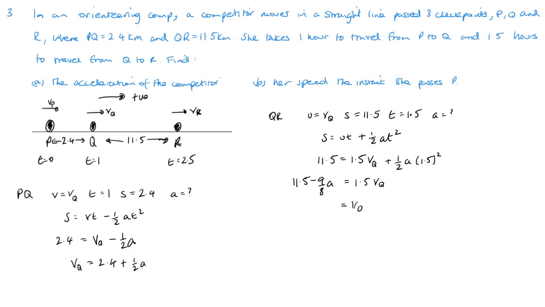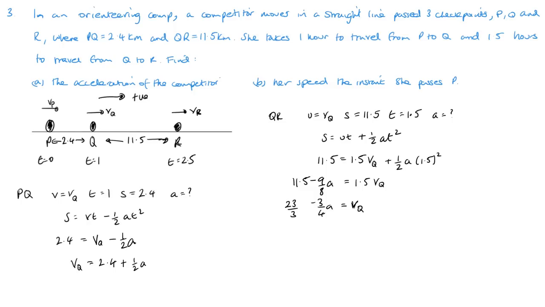So VQ is 11.5 divided by 1.5 gives me 23 over 3, minus 3/4 A. So now I've got two expressions for VQ, and when I equate these two, because they're the same answer, I'll then have just an expression with A in it.